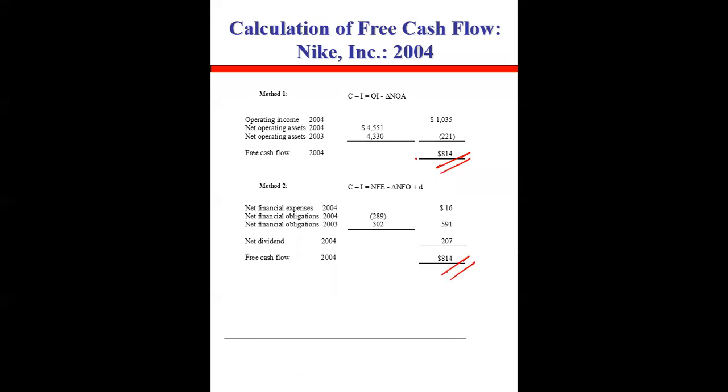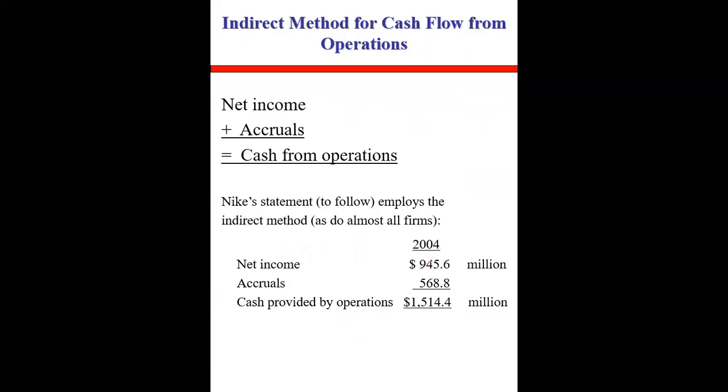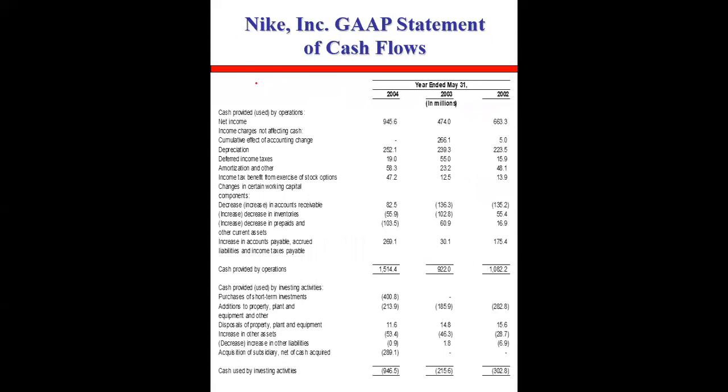Okay, so think of the free cash flow. We have got the 814, right? Free cash flow for Nike for 2004 is 814.